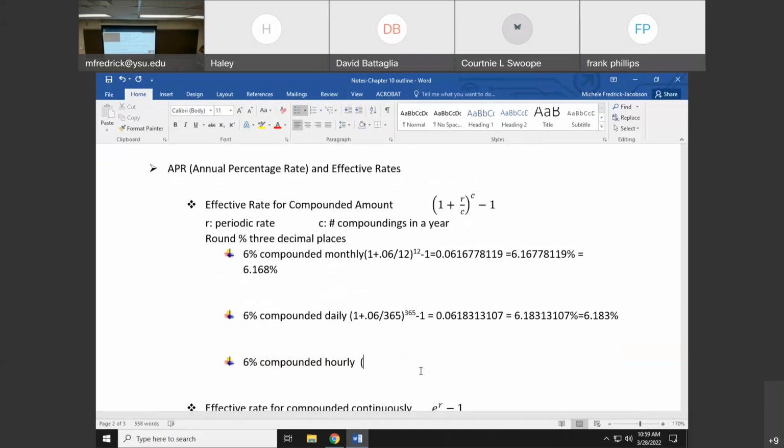So hourly. How many hours in a year? 365 days times 24 hours. Okay, so there's 8,760 hours in a year because I took the number of days in a year times the number of hours in a day.